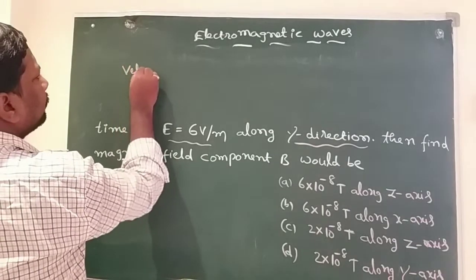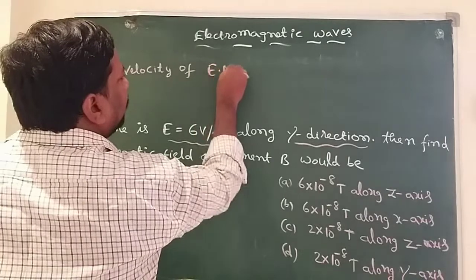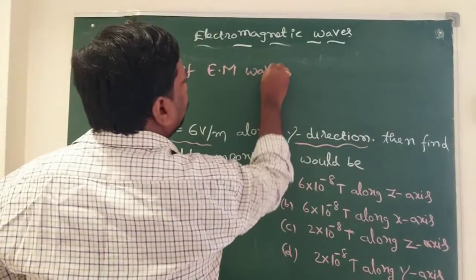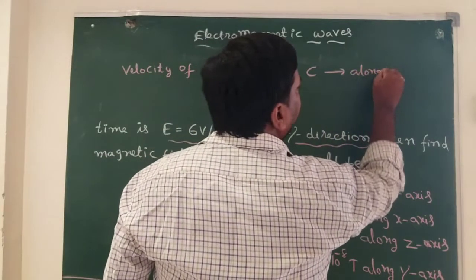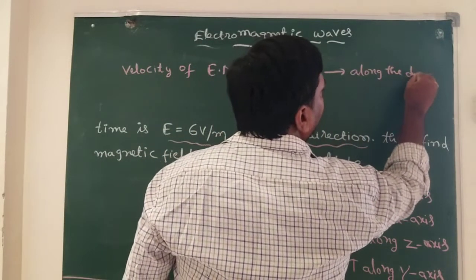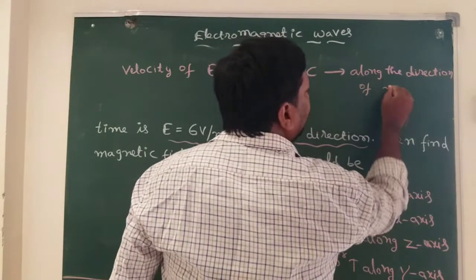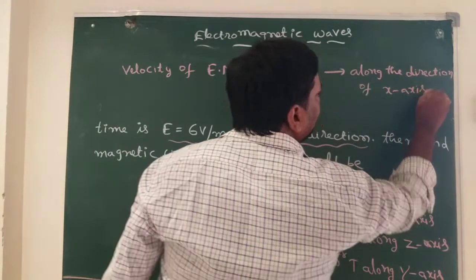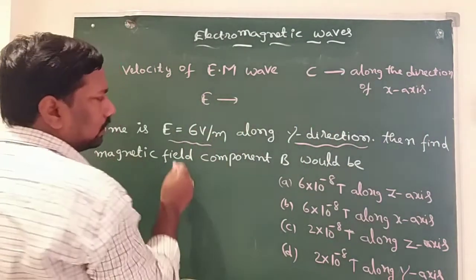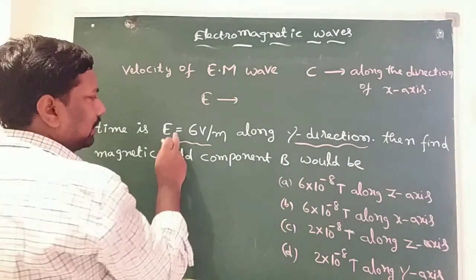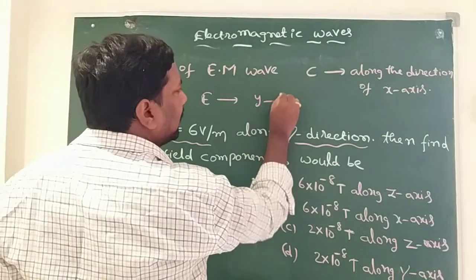In this problem, the velocity of the electromagnetic wave, that is C, is along the x axis. At the same time, E, the electric field intensity, is 6 volt per meter along the y direction.